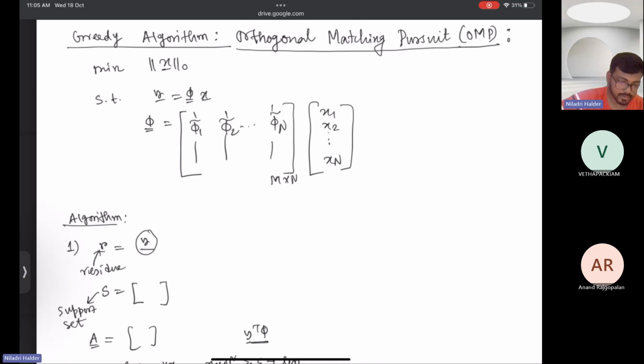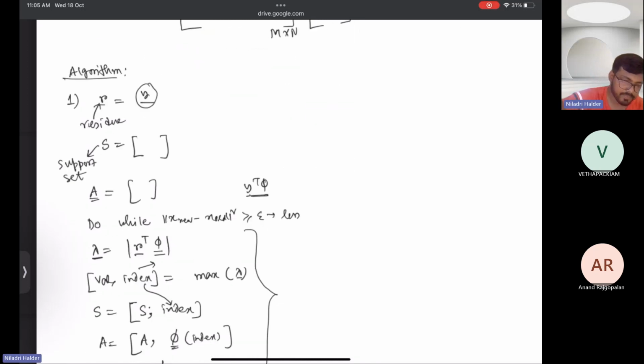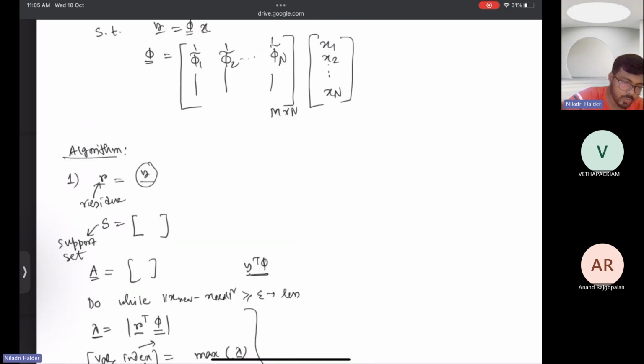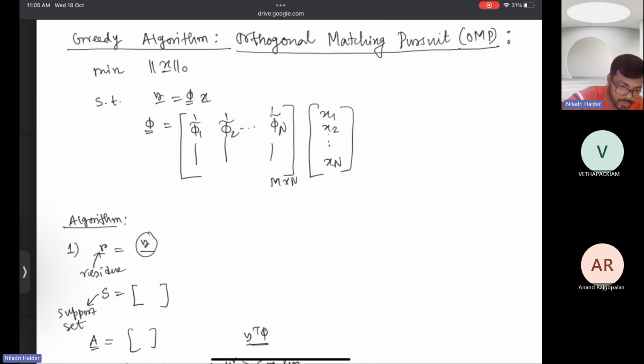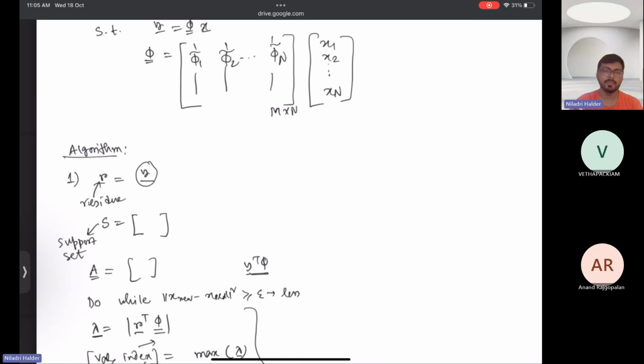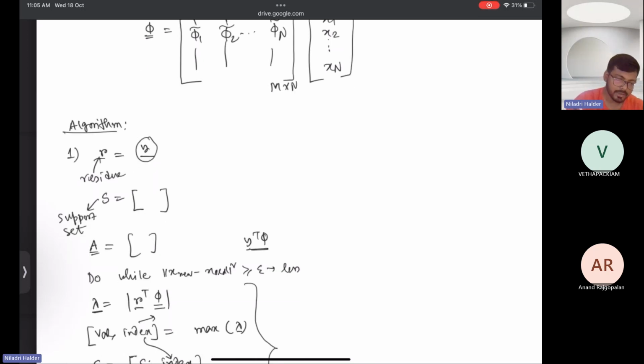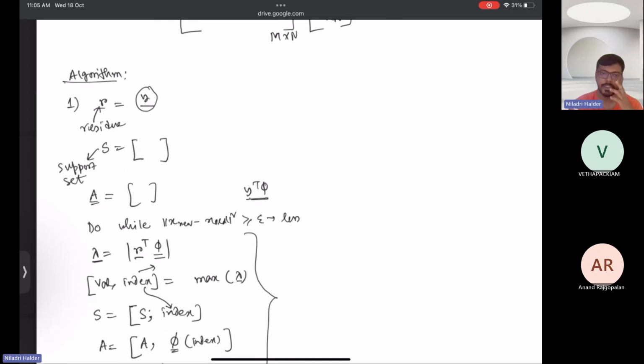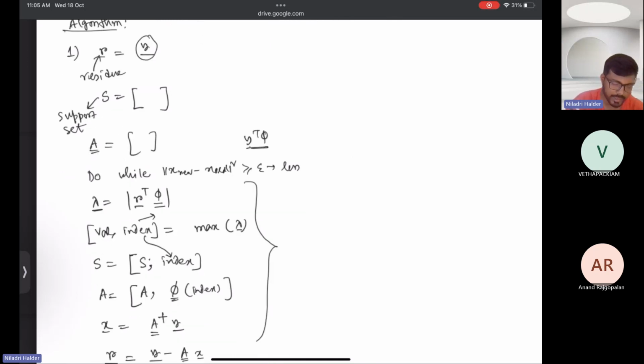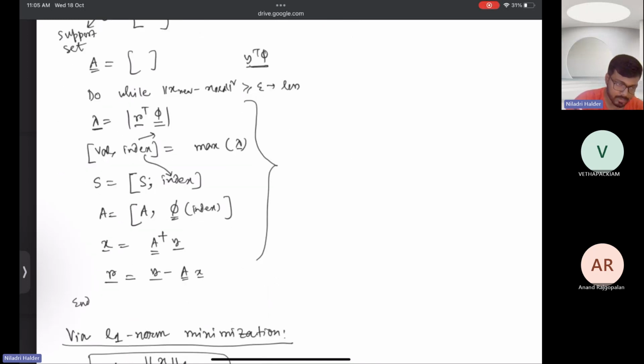Suppose r is equal to y. So this is the process: y equal to phi x, and you need to find x from these y observations. At the beginning, you set the residue r equal to y, the set of indices to the null set, and A also to a null matrix.